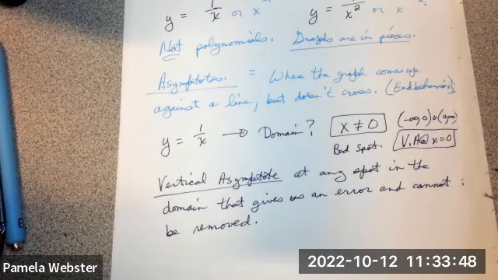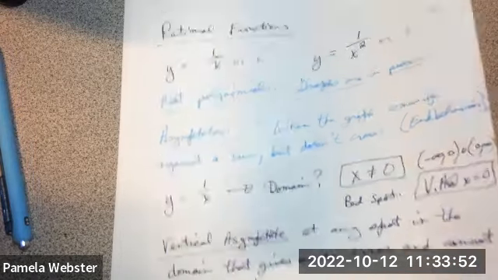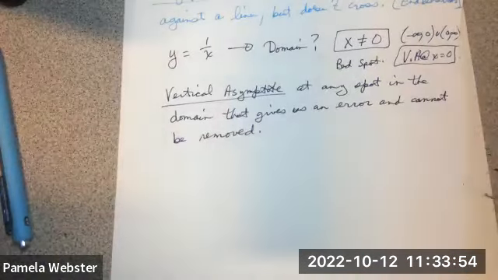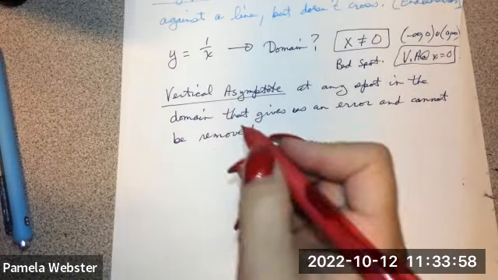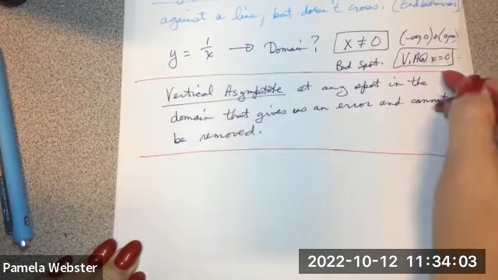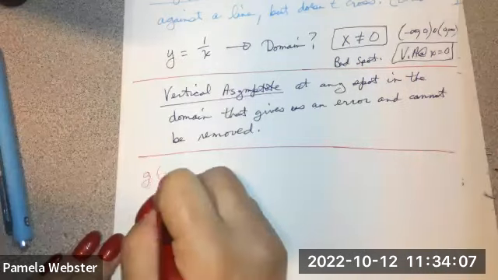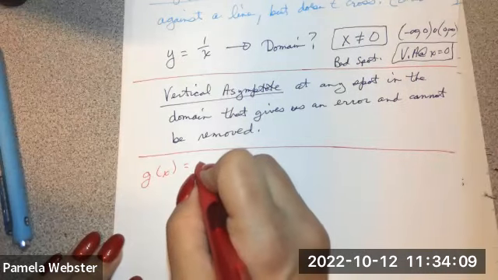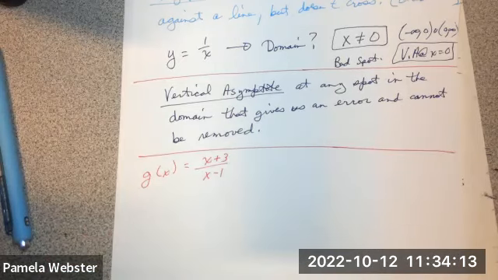All right, so let's look at a different one. I've got a function here, I'm going to call it g of x. Here's my little definition of vertical asymptote. g of x equals x plus 3 over x minus 1.